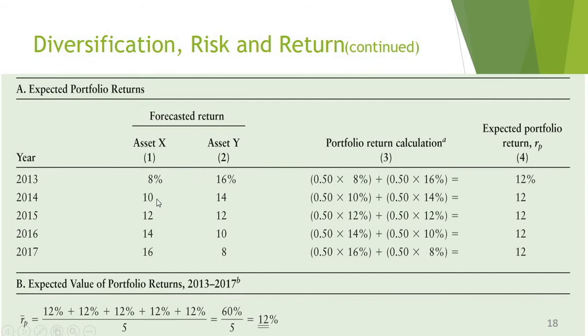Similarly, 0.50 times 10% plus 0.50 times 14%, that's again 12%. In this way we can calculate the expected portfolio return for each year. If we average these returns, we find that the expected rate of return of this 50-50 portfolio of X and Y is 12%.